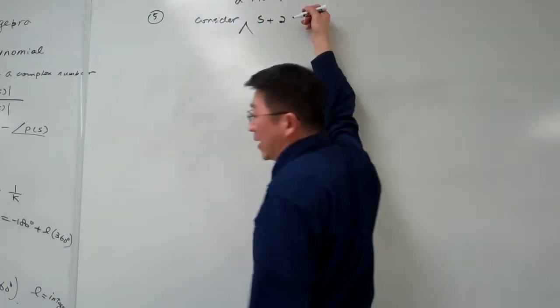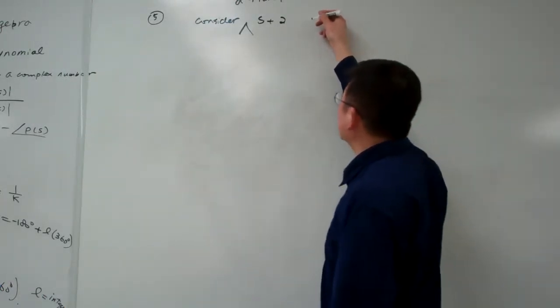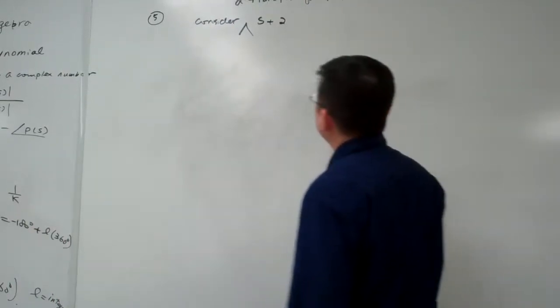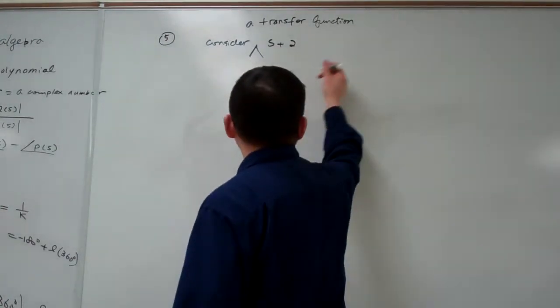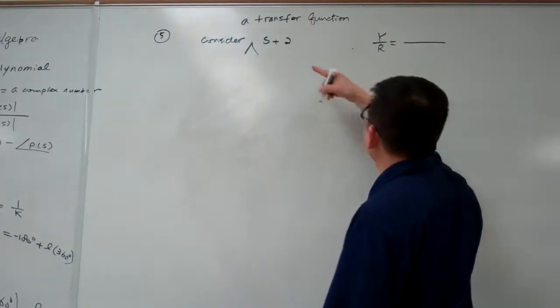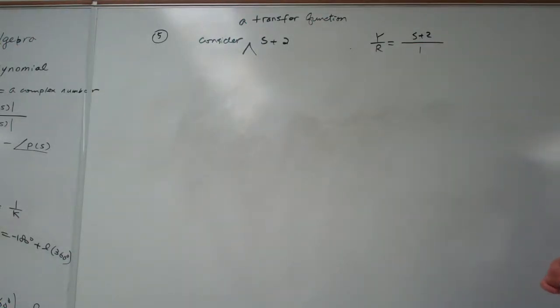We try to combine our control concepts into complex algebra. So here, transfer function S plus 2 only. Usually we are familiar with a transfer function in this form, Y over R equal to, for example in this case, S plus 2, and the denominator is 1.